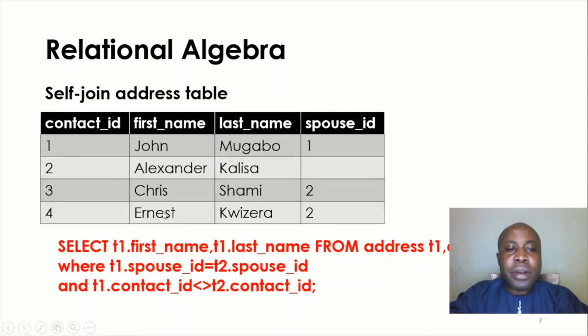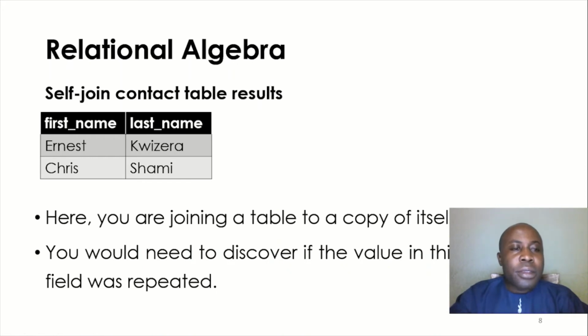Chris and Ernest, they are the ones having the same spouse ID and having different contact IDs. It is as if they have the same spouse, which is maybe wrong. 2 men with 1 wife. So this is the result of the previous command.